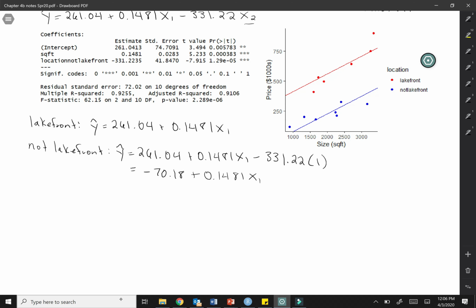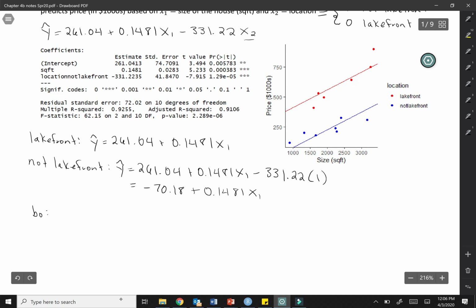So why don't we start with the intercept? If we want to interpret that first value, 261, that's going to be when you plug in 0 for all of the explanatory variables, right? So we would say 261.04 is the predicted price, and again, we're talking about predicted price in thousands, so it would really be like 261,000.